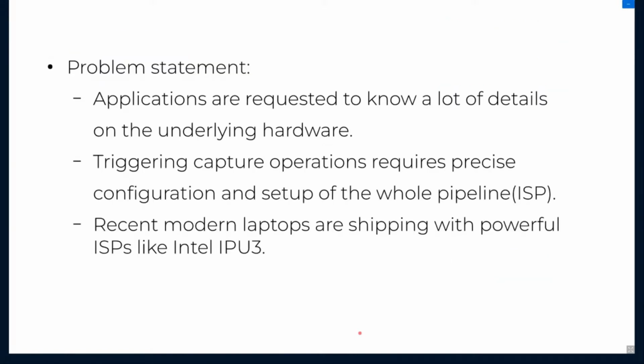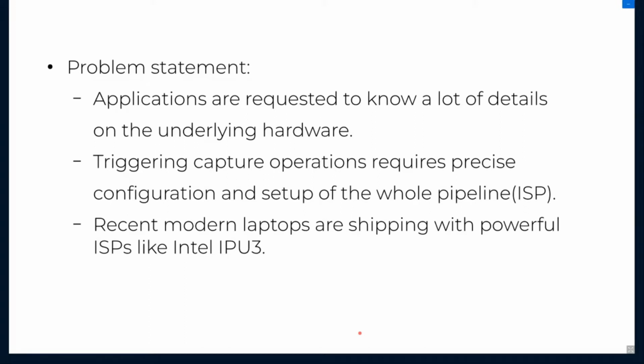This is the problem statement as of now. Applications are required to know a lot of details of the underlying hardware for capturing frames, meaning you have to really know what peripherals you have on the hardware and configure them before the application can even use it.